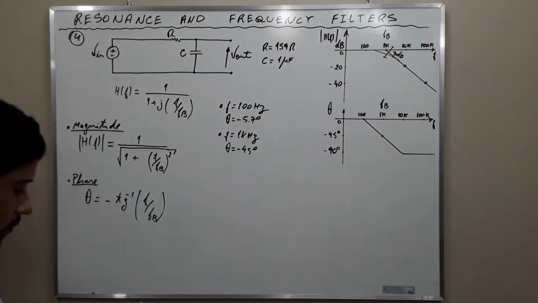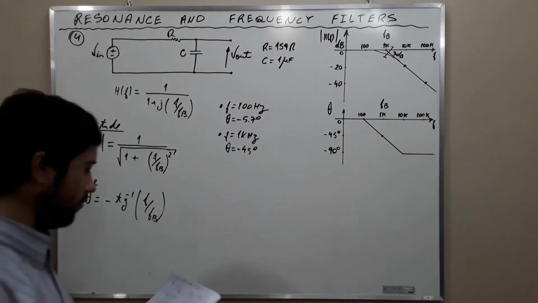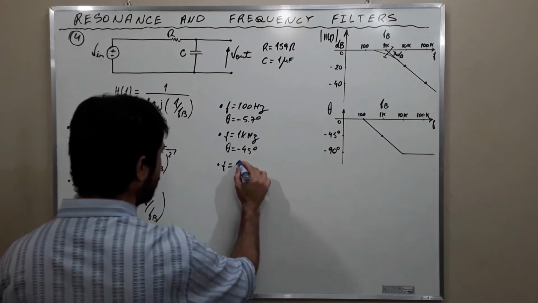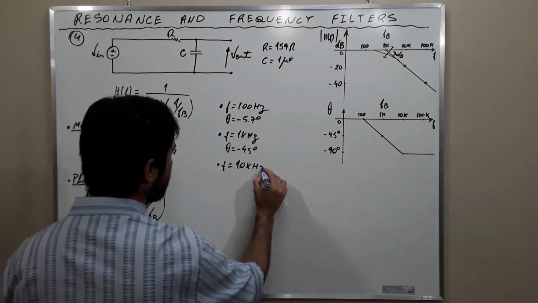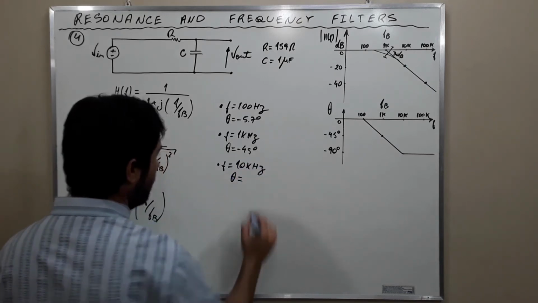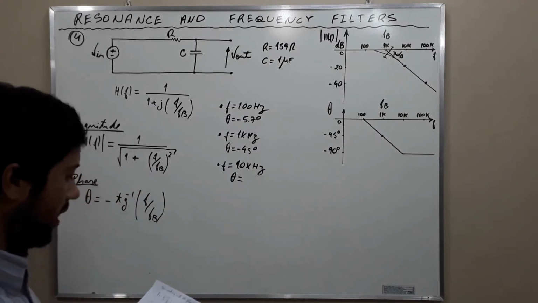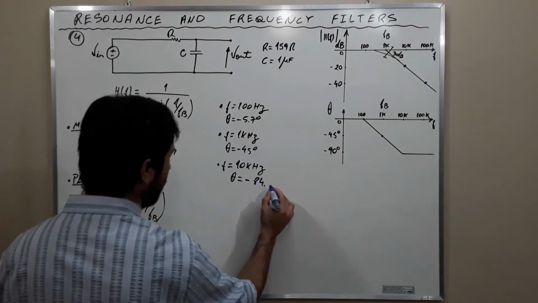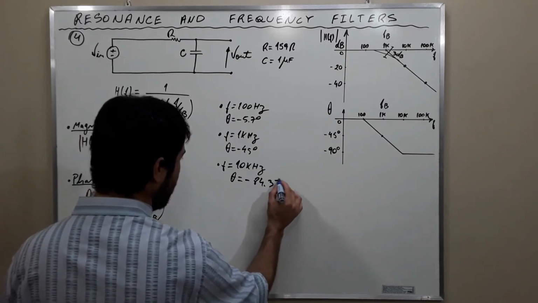And for the frequency of f equal to 10 kilohertz, the angle is negative 84.3 degrees.